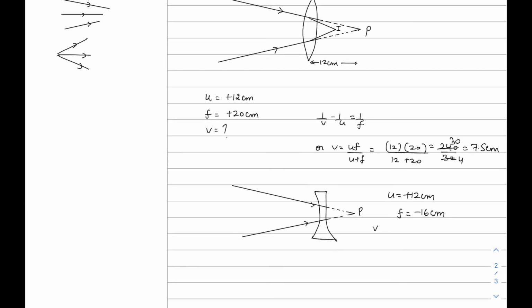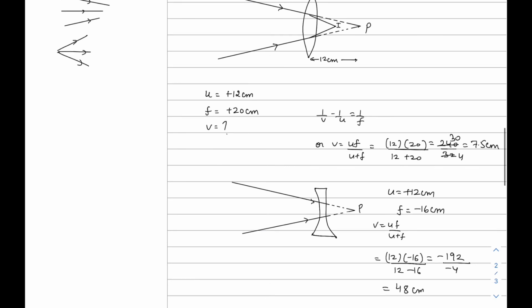So again using the same formula, V equals UF over U plus F. So it is 12 into minus 16, over 12 minus 16. So above you get 16 12s, that is 192, and below this would be minus 4. So minus minus get cancelled, and it would be 192 by 4, so it would be 48 centimeters.